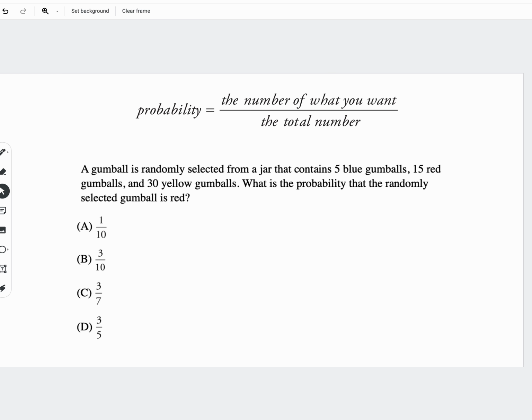What is the probability that the randomly selected gumball is red? Here the question is asking for probability. So we'll refer to our probability formula, the number of what we want over the total number.